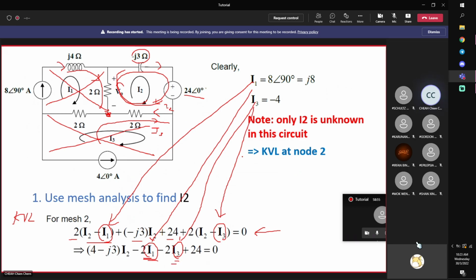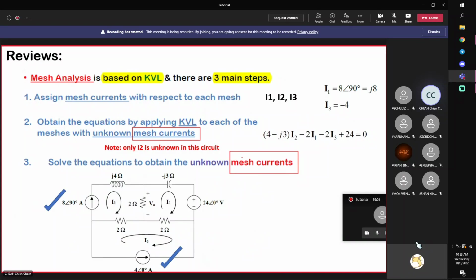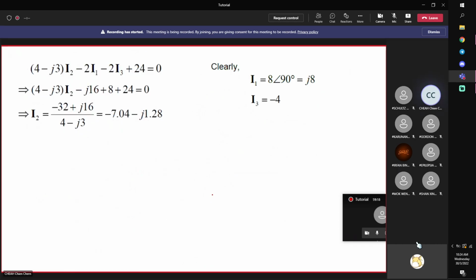It's the same thing. Either you simplify, then substitute, or substitute, then simplify. We can then proceed to solve this equation. Substitute I3 equal to negative 4 into here, substitute I1 equal to j8 into here, then there's only one unknown, and we can solve for I2. So the remaining step is to do this.